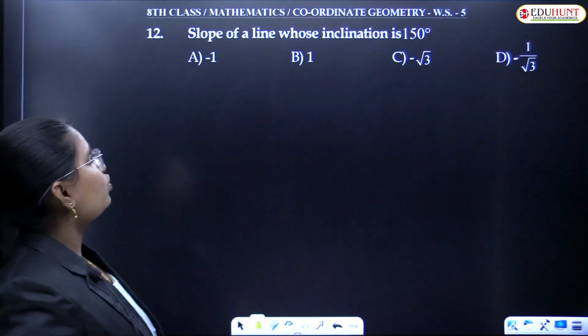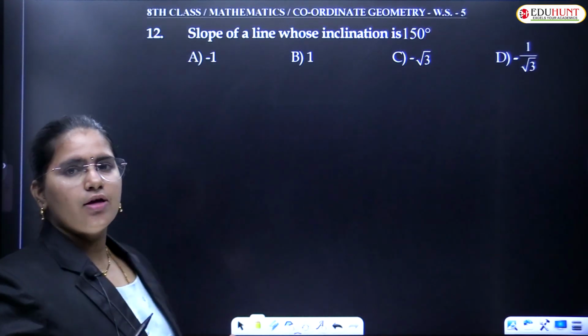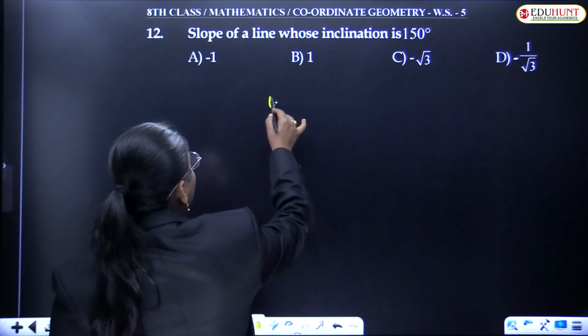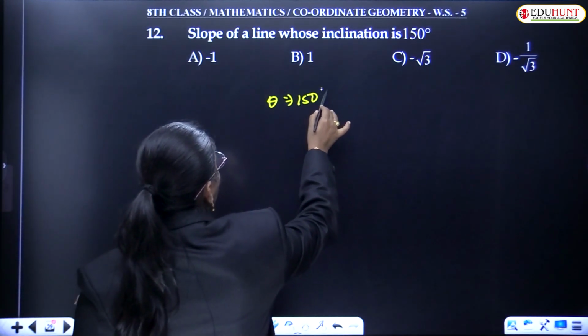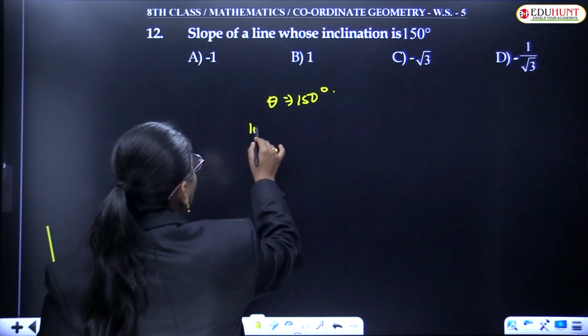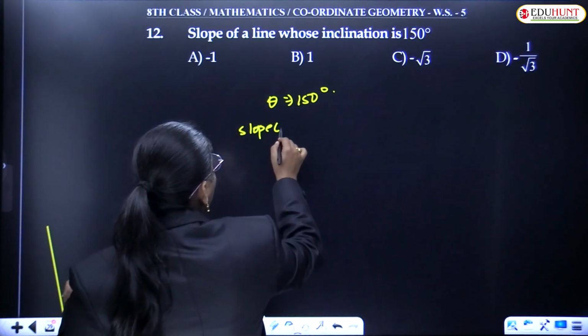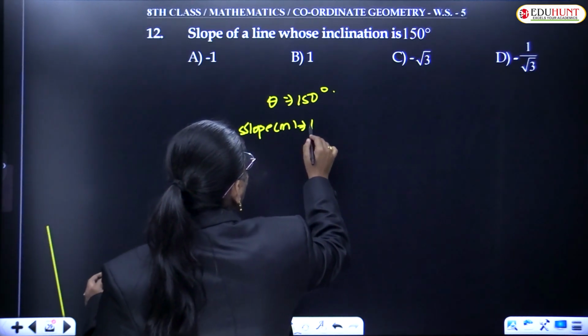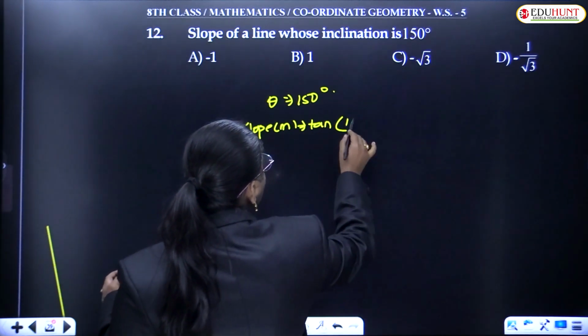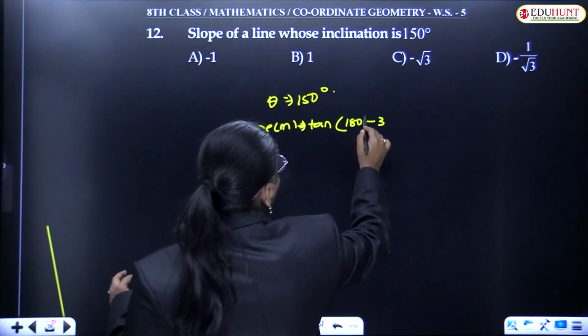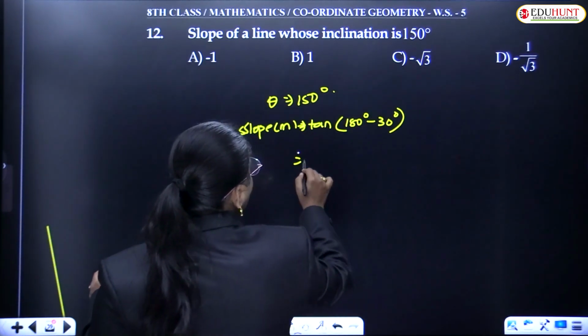Slope of a line whose inclination is 150 degrees. This time they gave inclination theta is equal to 150 degrees. Slope m is equal to tan 150, which can be written as 180 degrees minus 30 degrees.